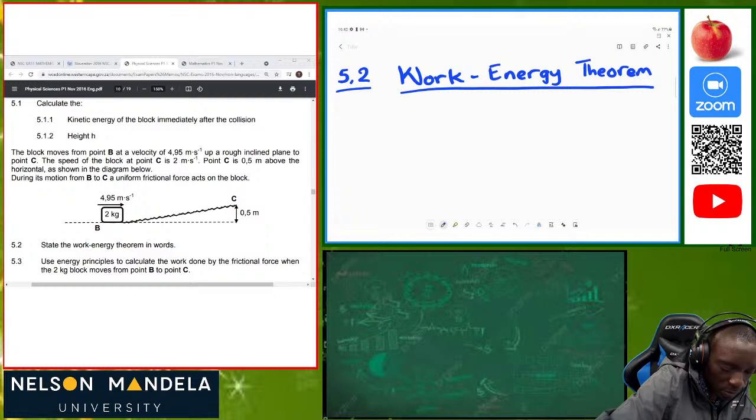Yes, you can type something in the comment section or in the chat box. Tell us what you understand by the work-energy theorem.